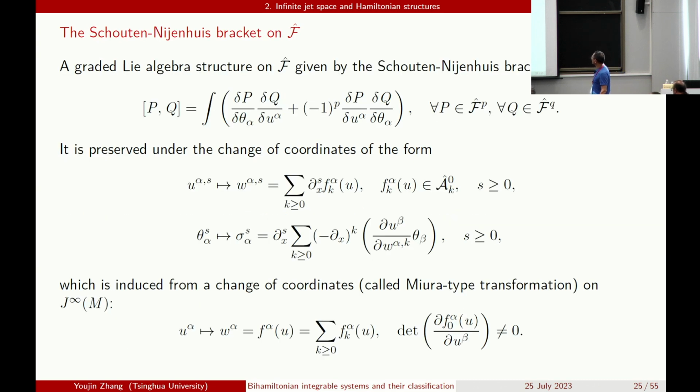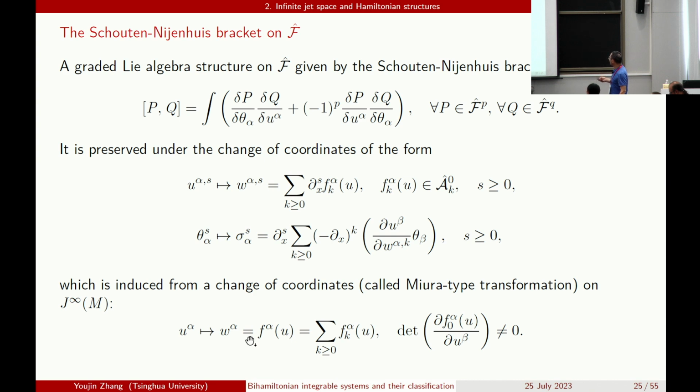Then for the infinite jet space, on the space of local functionals, we also have this Schouten-Nijenhuis bracket. Here P and Q are local functionals of super degree p and super degree q. This bracket is invariant under the change of coordinates, if this change of coordinates is induced by a change of coordinates given by certain, we call Miura type, transformations.